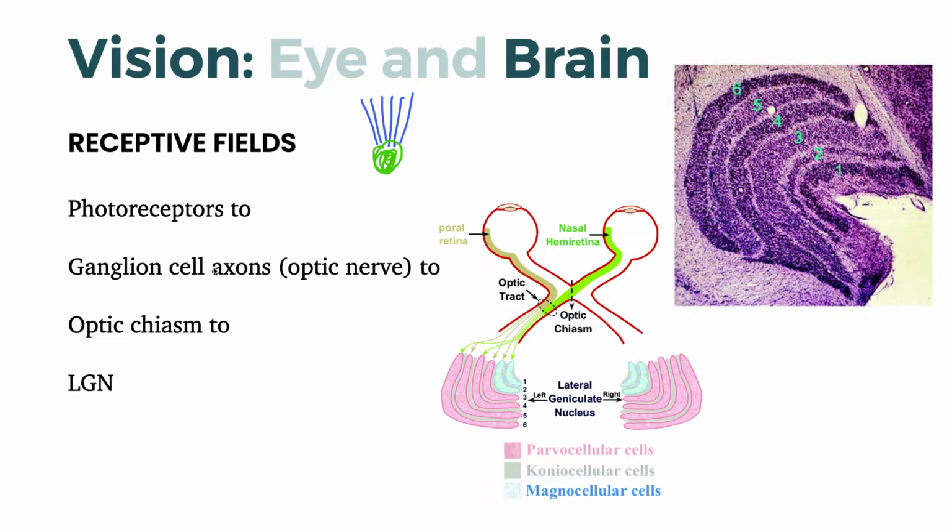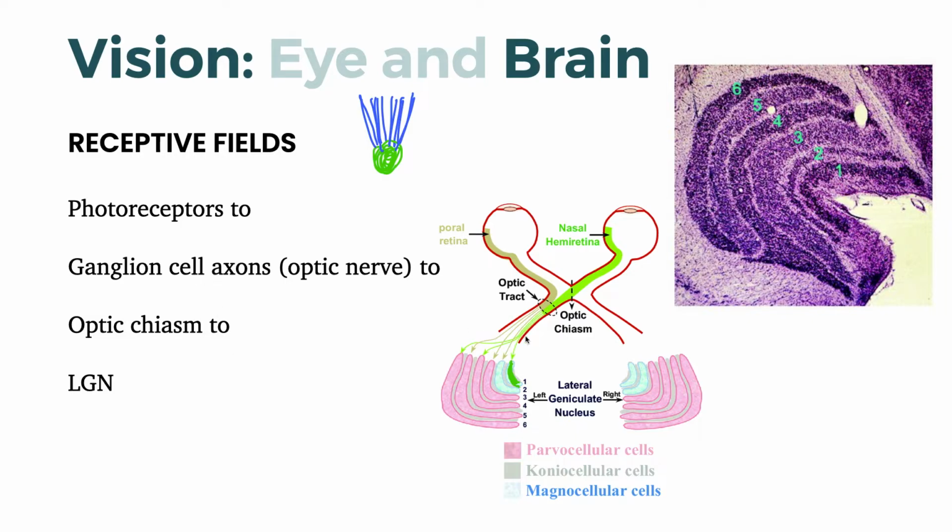Okay, so if you think of this as the lateral geniculate nucleus, if you imagine that it's this area right here, this layer of the nucleus is getting information from these axons, right? So that is this layer's receptive field.